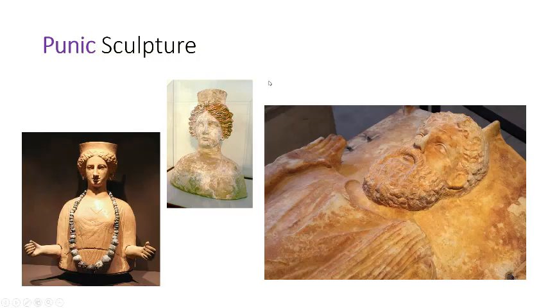And here is a collection of sculptures that date from the Punic period, the left two being freestanding sculptures and the right one obviously being relief at the top of a sarcophagus lid. And these are all made of terracotta.